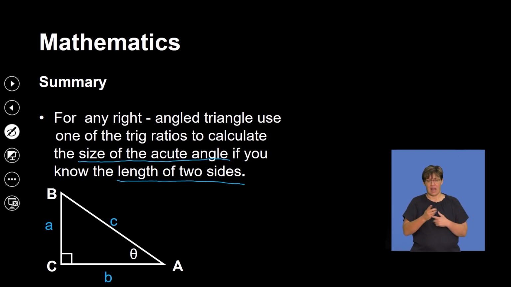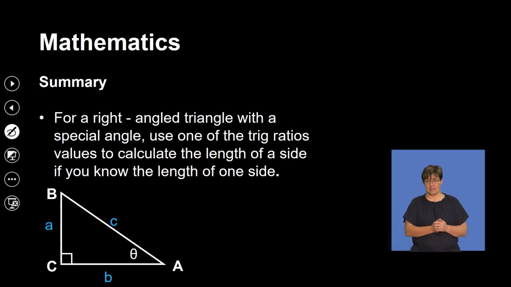So this was about the relationship that we spoke about in terms of angles and the sides of a triangle. Again, with a special angle, you use one of the trig ratio values to calculate the length of a side if you know the length of one side, right?